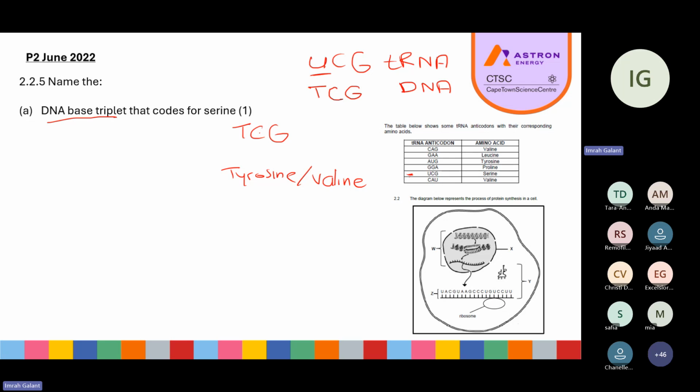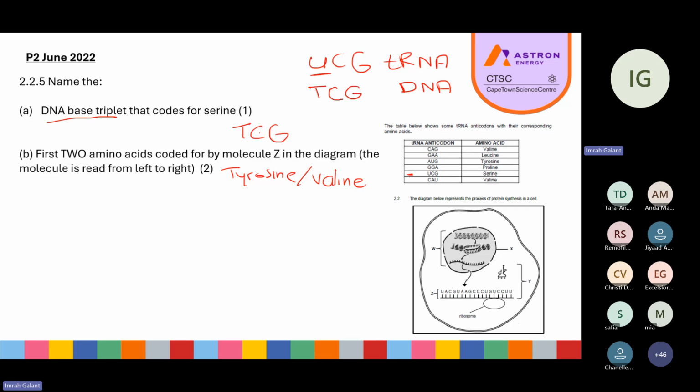Then next question. It asks for the first two amino acids coded for by molecule Z in the diagram. The molecule is read from left to right. Let's have a look over here. Let's highlight it to make it easier for you guys to see.